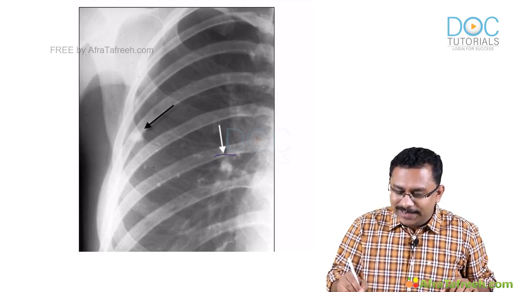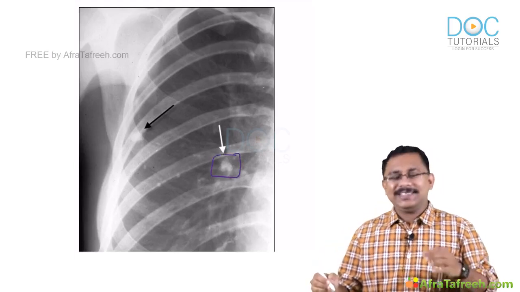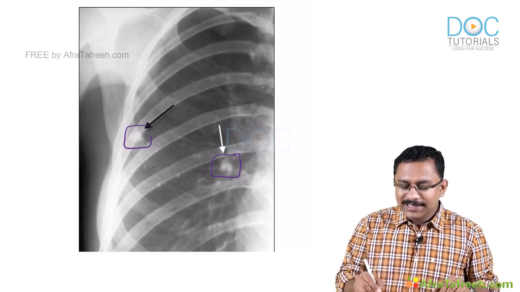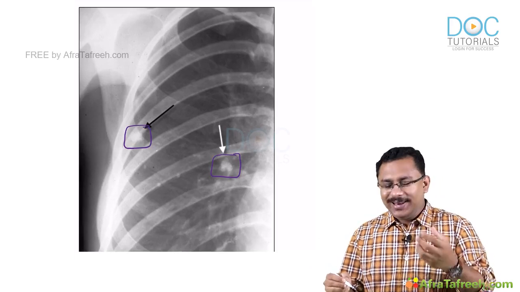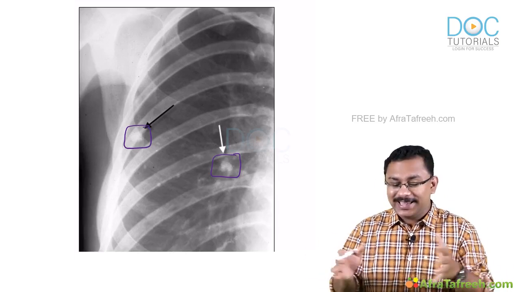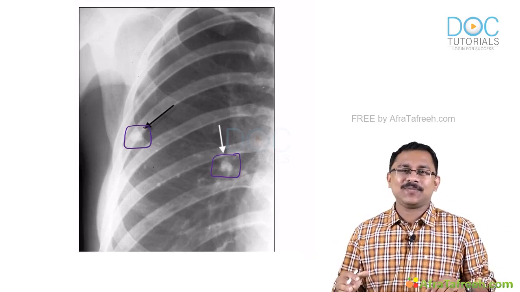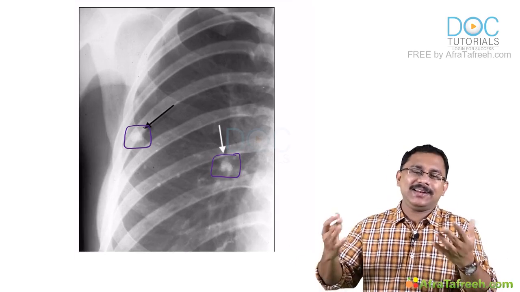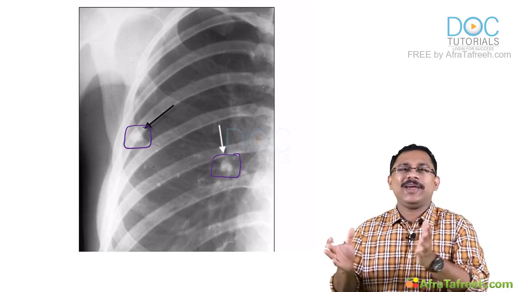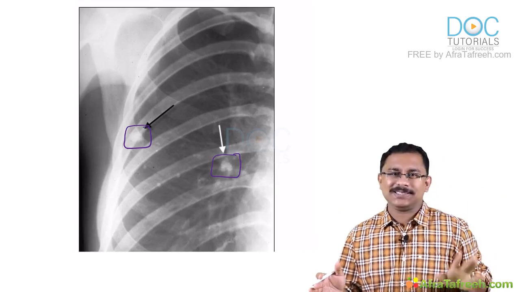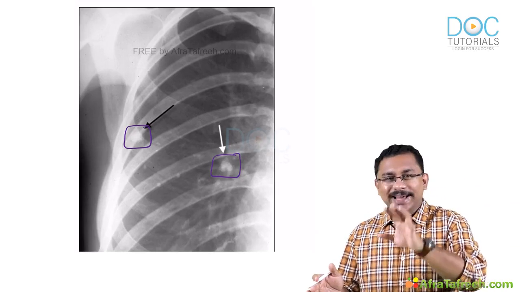You are seeing the white arrow, that is the calcified hilar lymph node, and this is the subpleurally located Ghon focus which has calcified, and now you can say this is the Ranke complex. So this X-ray was taken for some reason later, and then you find this, so this person has probably had a primary tuberculosis in the past. So that is one sequela.